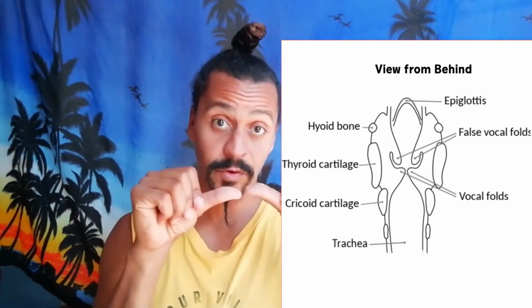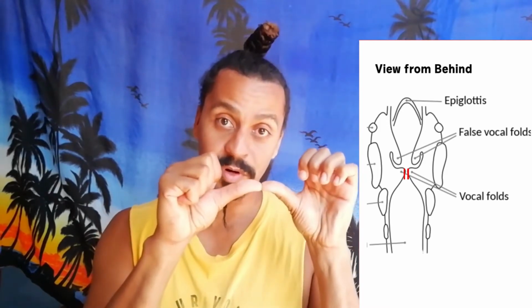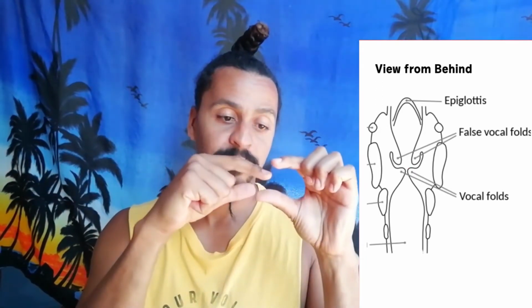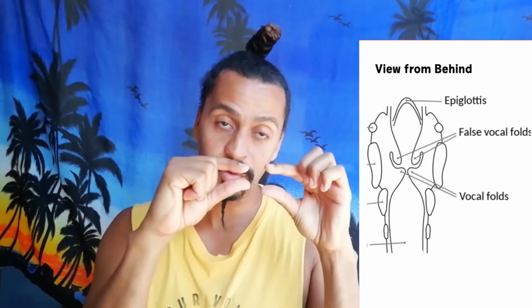Now, between the vocal cords, there's epithelial tissue, meaning the tissue, for instance, here on your hand is different than the tissue on the back of your hand, right? It's a little bit harder. It's more used to touch. So between the vocal cords, it's the same thing. They are made to be able to touch. However, between the vocal cords and vocal folds, on top of the vocal cords and below the vocal folds, there is no such harder tissue.